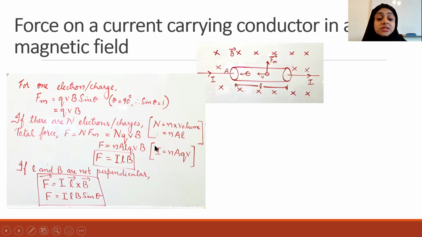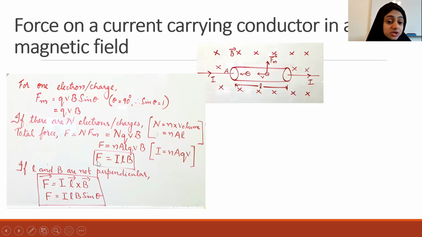There, if you have considered an electron, you must have used instead of Q, the charge of an electron, 1.6 into 10 raised to minus 19 coulomb. So here I have used a general case, it can be any charge carrier. Then I is equal to nAQv.